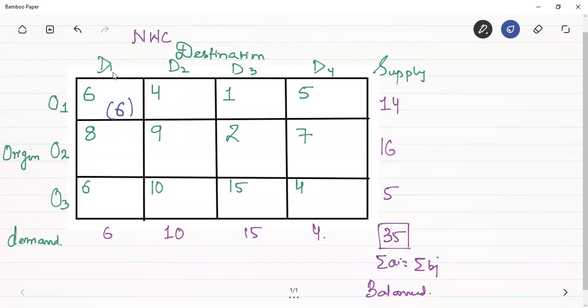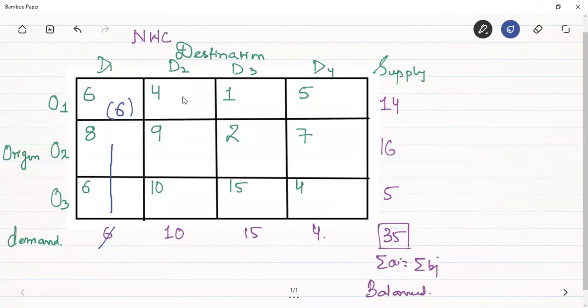Now the demand of destination 1 is exhausted. We can say that it is fulfilled. Therefore the other cells in this column won't be allocated, and this demand has been completely fulfilled by origin one. Now the table left here is this table.